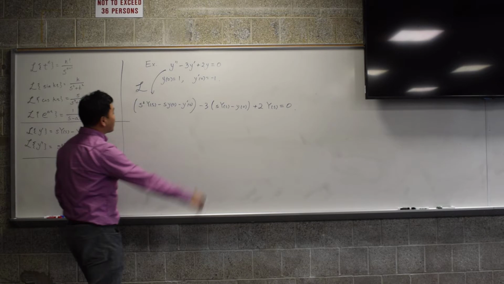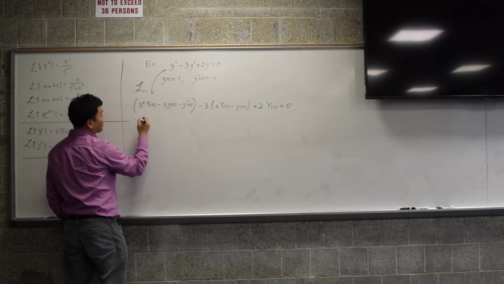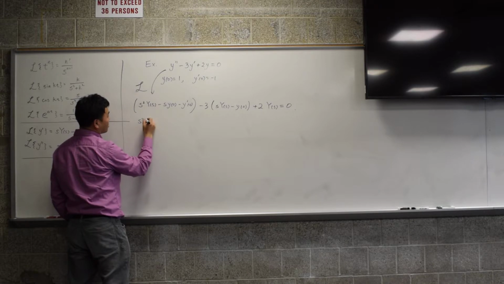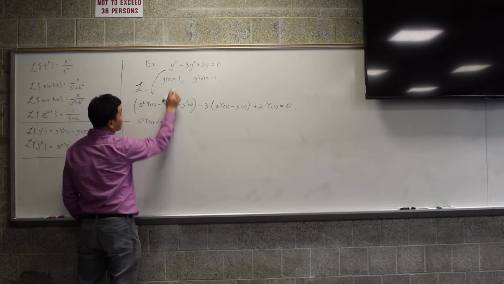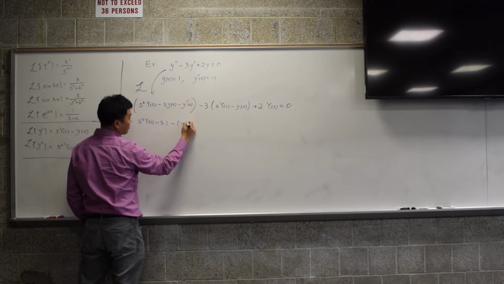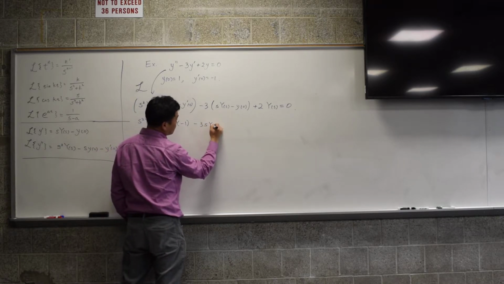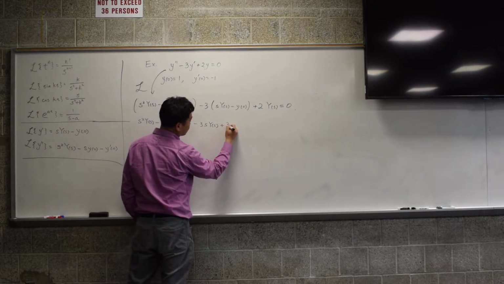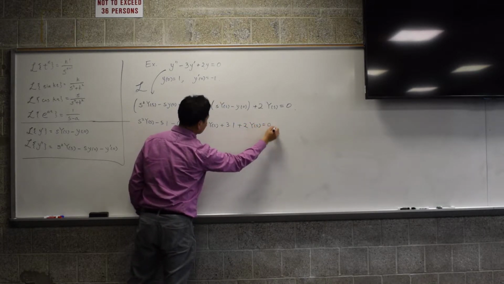All right, now we plug in the initial conditions. y of 0 is 1, so I put 1 here. y prime of 0 is negative 1, I put negative 1 here. Okay.